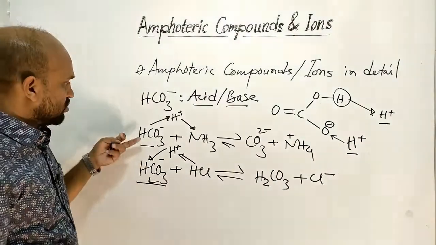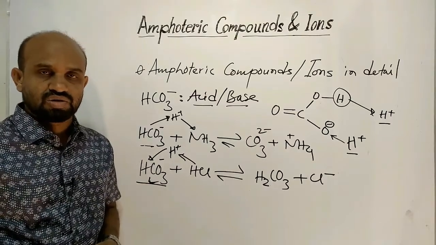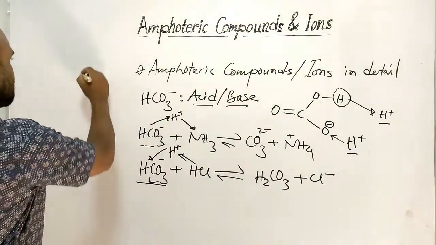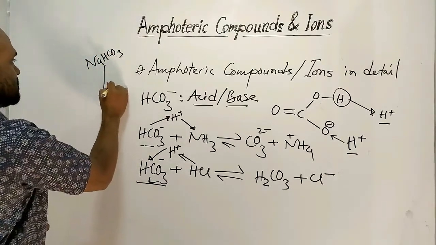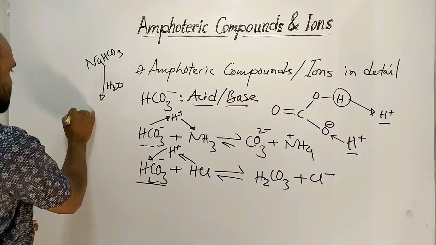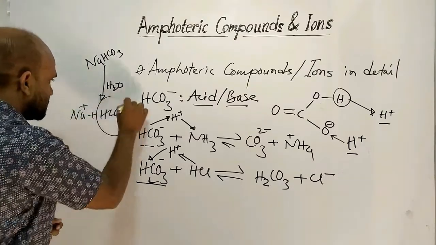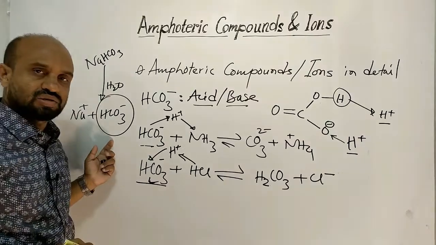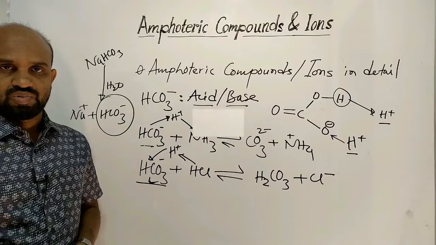Now let's see how bicarbonate ion is formed in solution or in water. When sodium bicarbonate salt is added to water, it ionizes to sodium ion and bicarbonate ion. This bicarbonate ion is an amphoteric ion. Let's see another example.